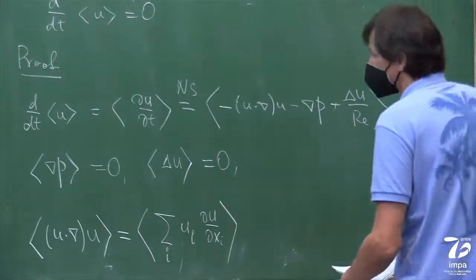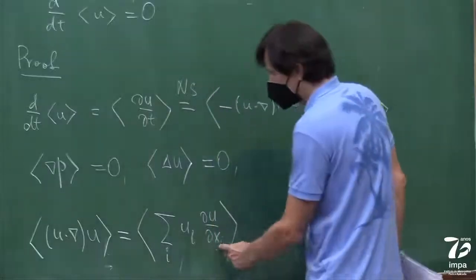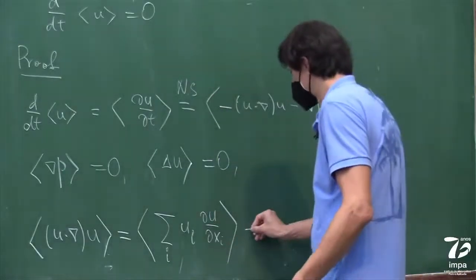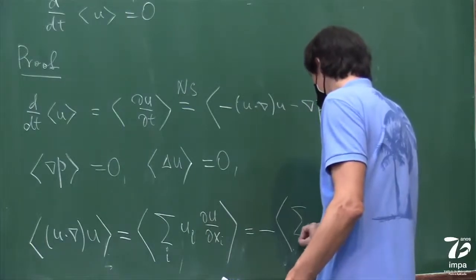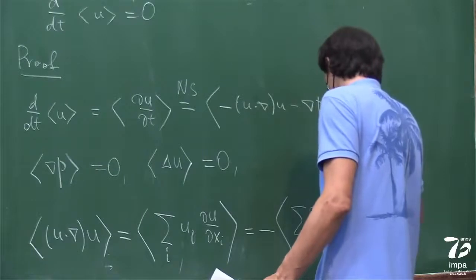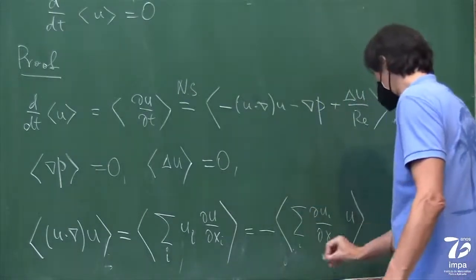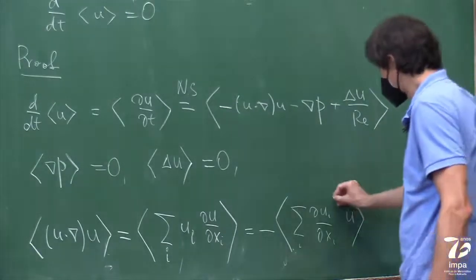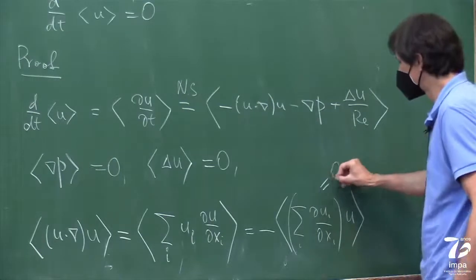Now you can use this formula to pull the derivative onto the first component. It will give minus, and now this is 0 by incompressibility.